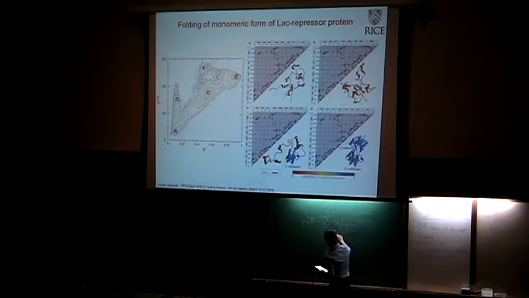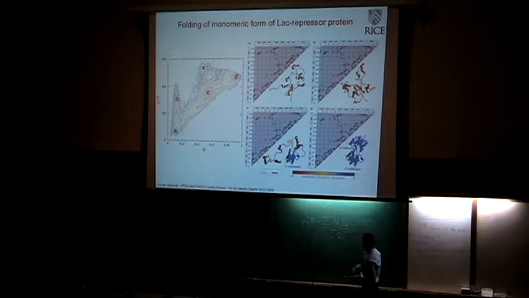and I'm going to explain what it is. So if I define Qij per pair of residues, Qij is equal to 1 if the contact is formed, if residues i and j are in contact, meaning they are within a certain threshold.